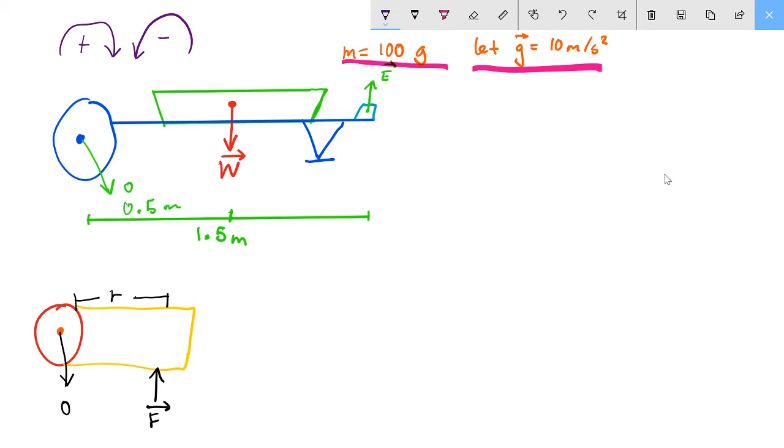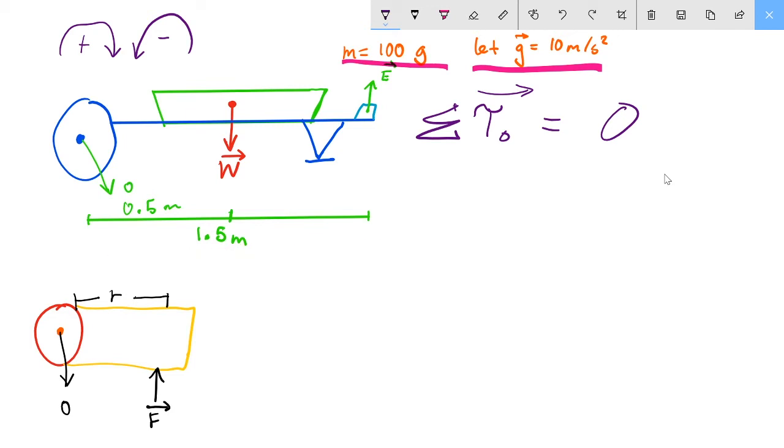So let's just first say that the sum of torque at point O is equal to 0, because there are no rotations, so it's in equilibrium.